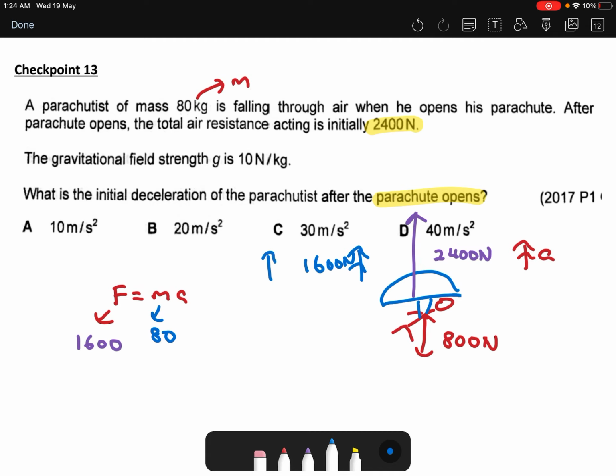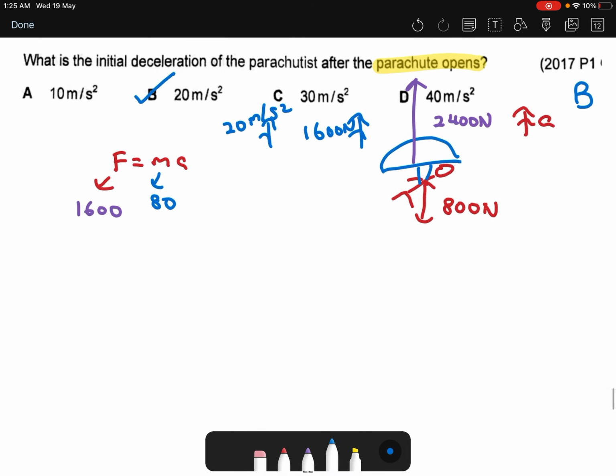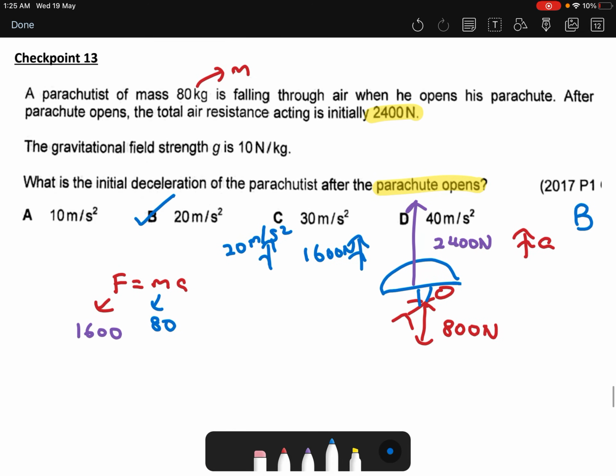So 20 meters per second squared is right here. So the answer should be B. Alright, so this is for your parachute terminal velocity.